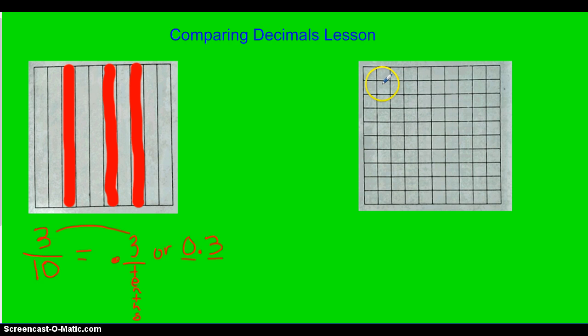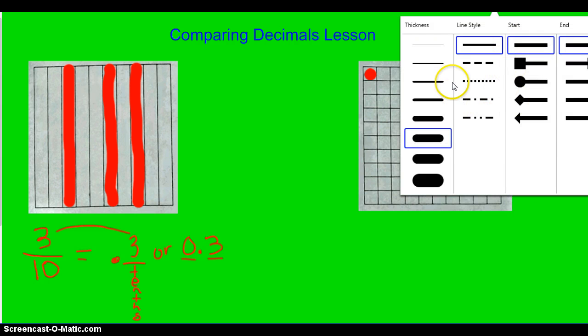So if we looked at the same amount here, that's 10 hundredths. And let me back up just a second here. So we know that that amount of this whole shape, since it's 100 parts, we would call this 1/100th.